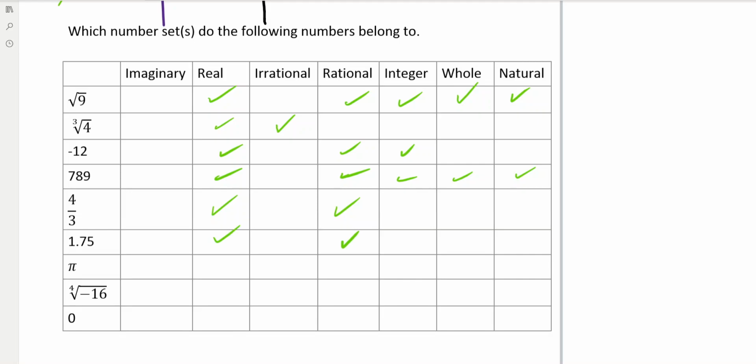The decimal has stopped, therefore it is rational. And this one, in 4 over 3, the decimal repeated, so therefore it was rational. So both can be expressed as a fraction.